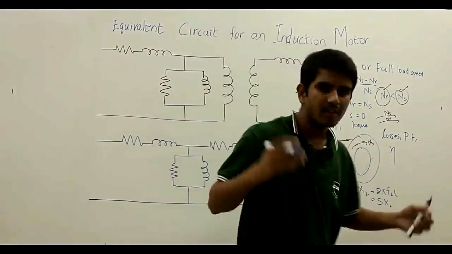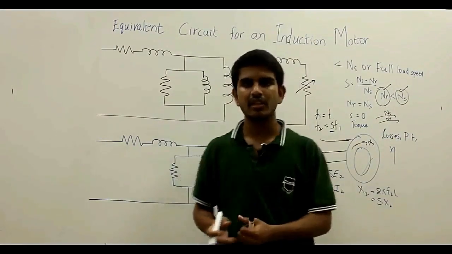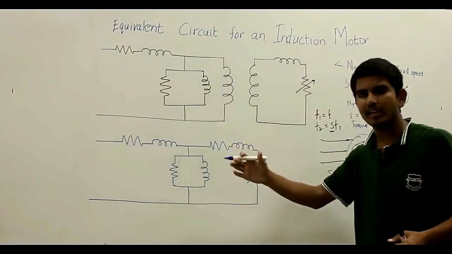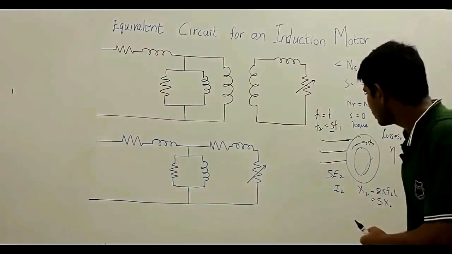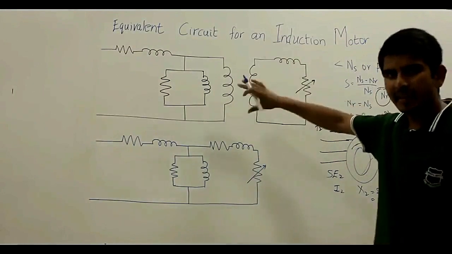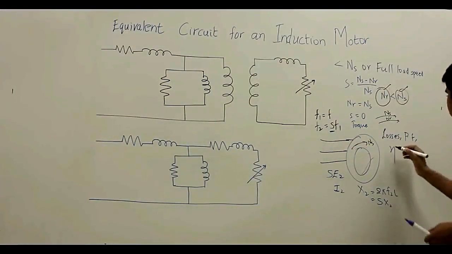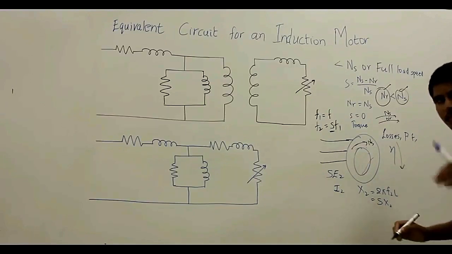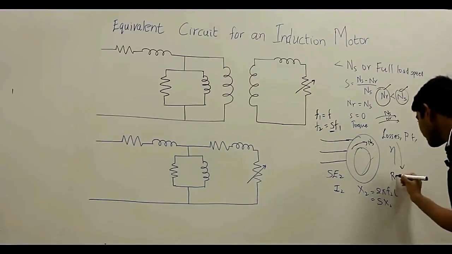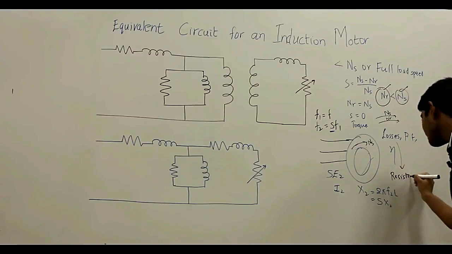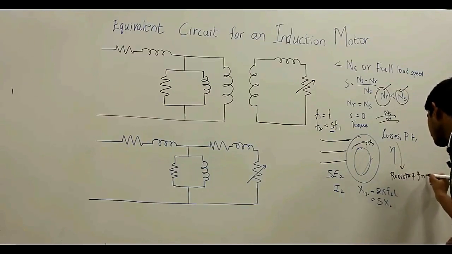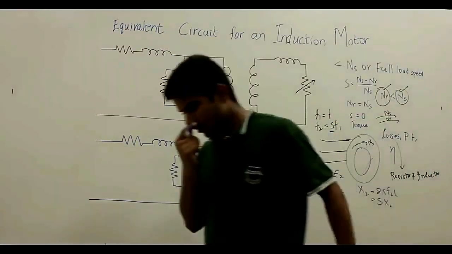So in order to evaluate the performance characteristics, we go for the equivalent circuit for any machine. By knowing the leakage impedances we can calculate the losses, and these losses can be modeled by a resistor and an inductor.